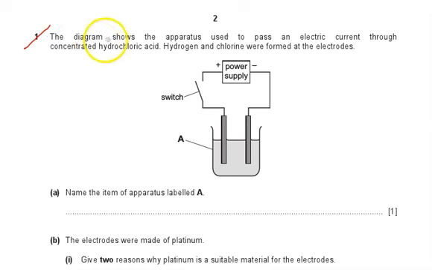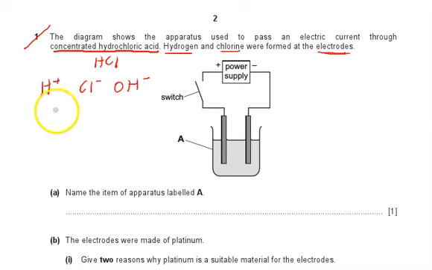Okay, number 1, the diagram shows the apparatus used to pass an electric current through concentrated hydrochloric acid. Hydrogen and chlorine were formed at the electrodes. Before we go through this question, let us explain this one. The ions present in this solution are hydrogen, chlorine, and also the water.